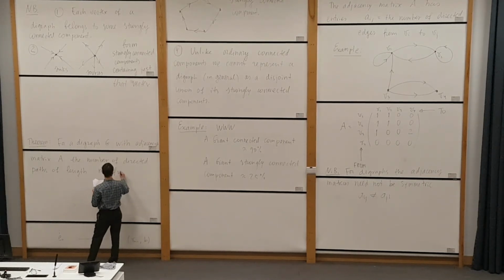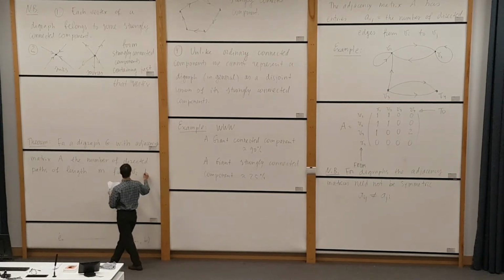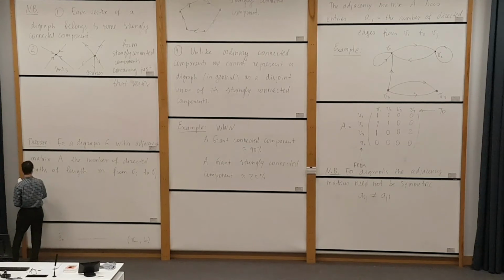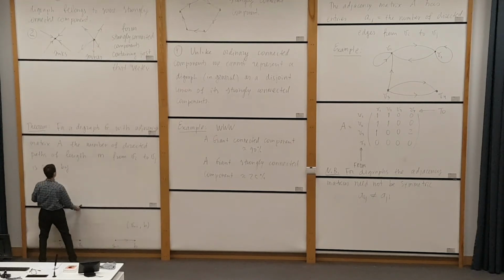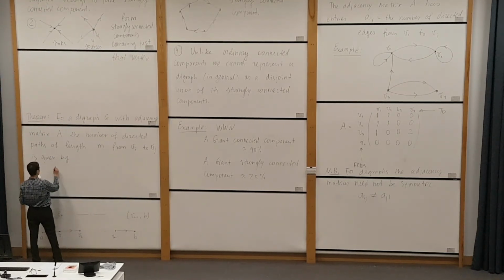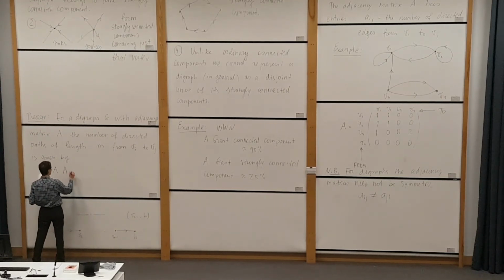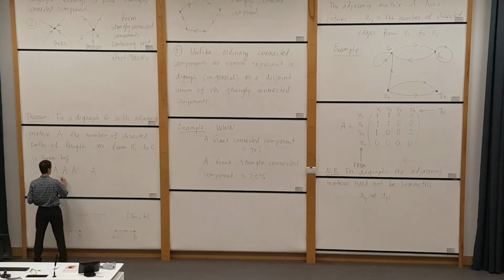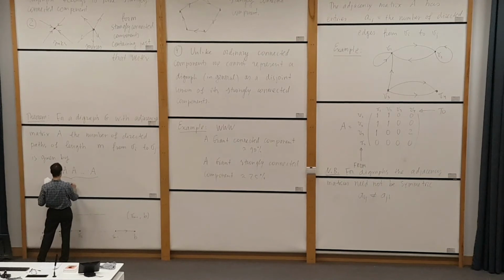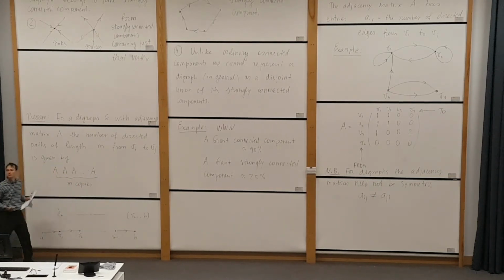From Vi to Vj is given by the following matrix element. So I'm supposed to multiply the adjacency matrix by itself, taking m copies, and therefore doing m minus 1 multiplications.